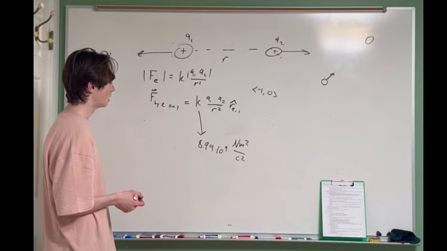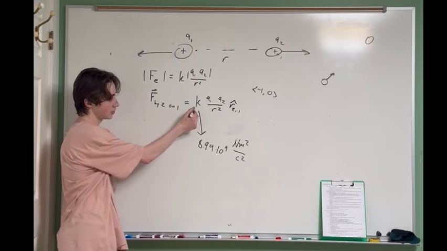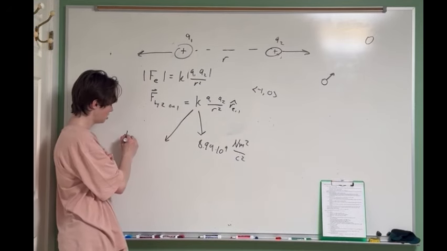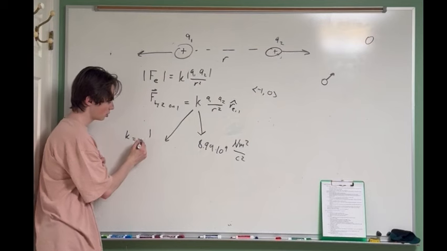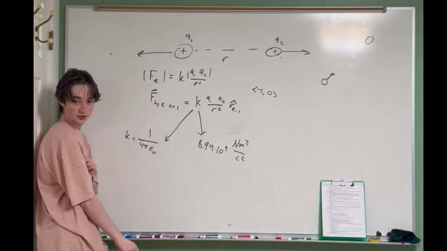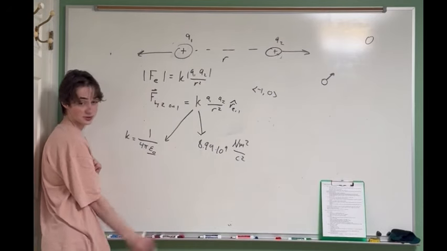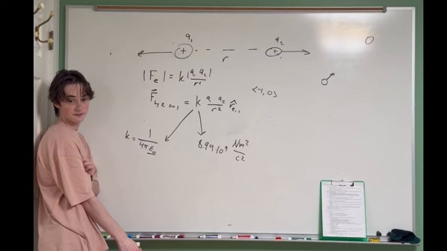The thing about this constant though is it also hides more information behind it. K is equal to 1 over 4 pi times the permittivity of free space, epsilon naught, which is another constant.